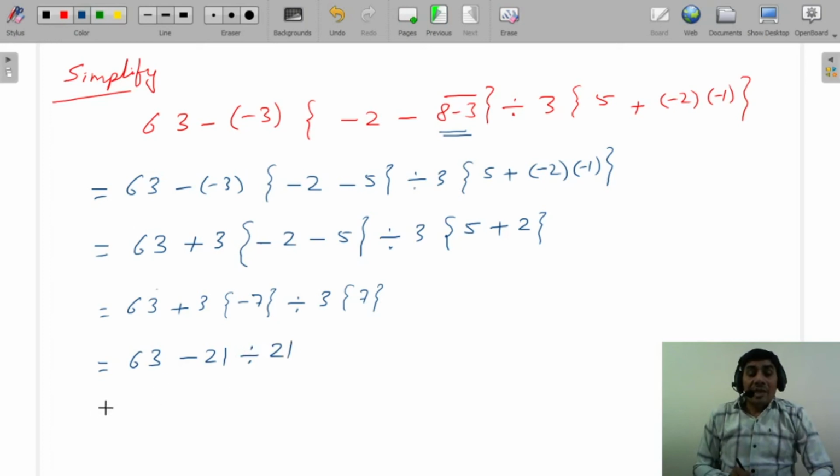Now in the next step we have to solve the division. 63 minus 21 divided by 21 is 1. So 63 minus 1 is 62.